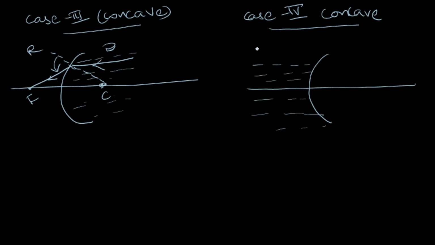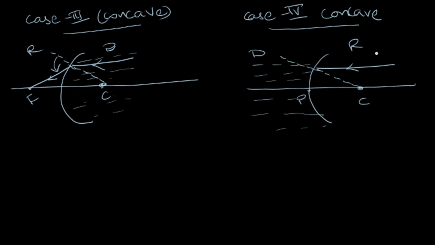This is the denser medium and this is the rarer medium. I am considering again a parallel ray. This is the incident ray, and at this point this will be the normal for this curved surface. This is the center of curvature, this is the pole. I am just extending this normal on the other side.